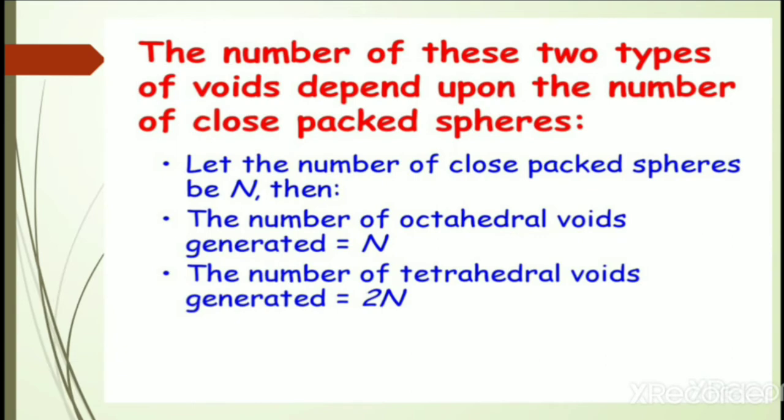See here, the number of these two types of voids depends upon the number of close packed spheres. Let the number of close packed spheres in case of the octahedral void be equal to n. Then the number of tetrahedral voids is equal to 2n.